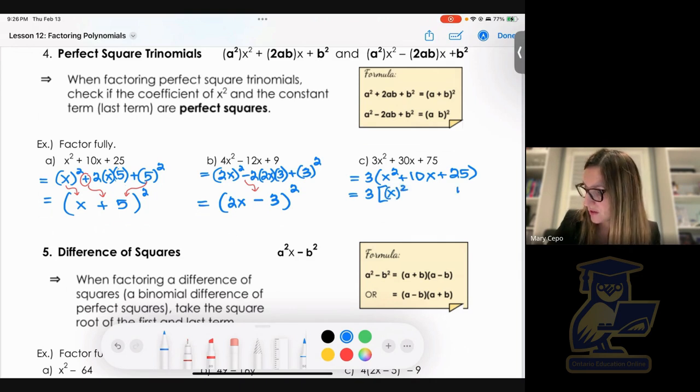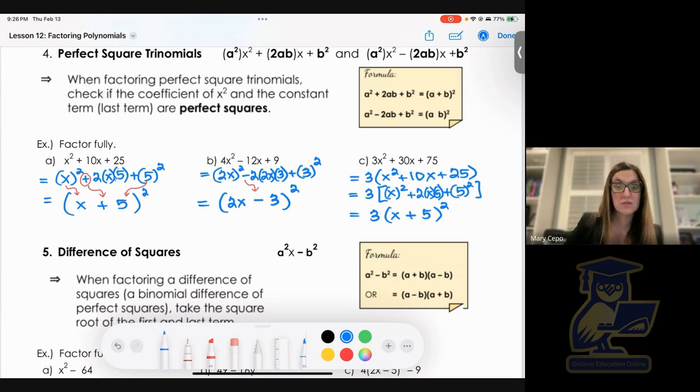It sure is. 5 all squared, that's also a perfect square. Now again, the condition has to exist. The middle term has to be 2 times their roots. Well, 2 times x times 5 is 10x. Therefore, we can factor that perfect square trinomial as a binomial of x plus 5 all squared.